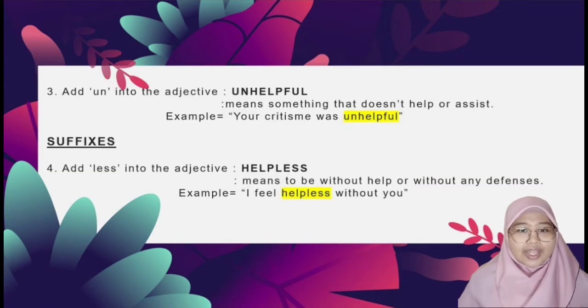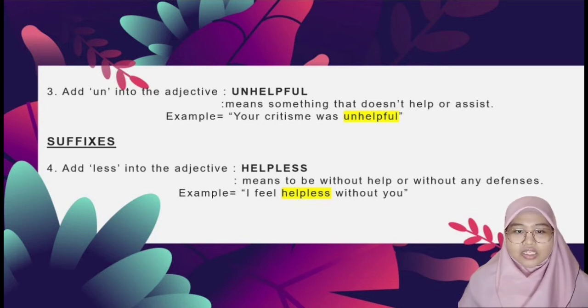Then, we can add the prefix un, which means not, to make the adjective unhelpful. It means something that doesn't help. For example, your criticism was unhelpful. Next, we can add another suffix, less, which means to be without something.